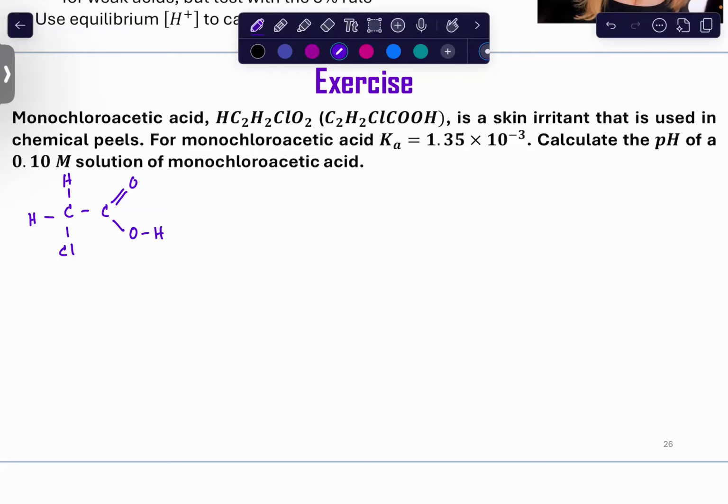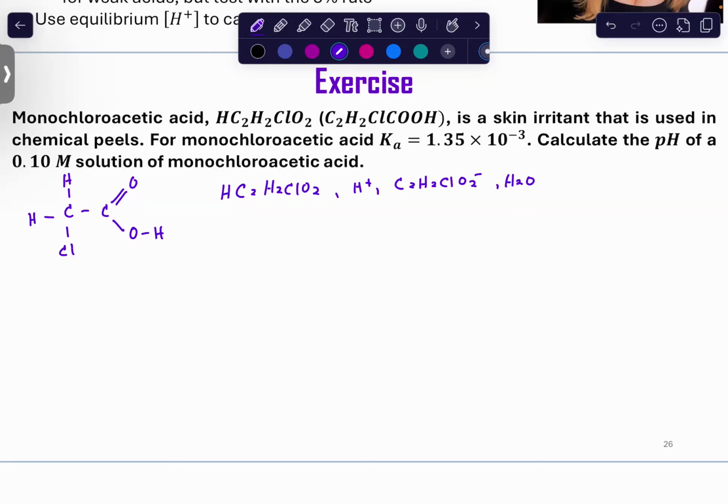You could write down your major species in solution. This one's a little different. You're still going to have the acid, because it doesn't fully dissociate, so you still have a fair amount of that left in solution. Those would be your major species.